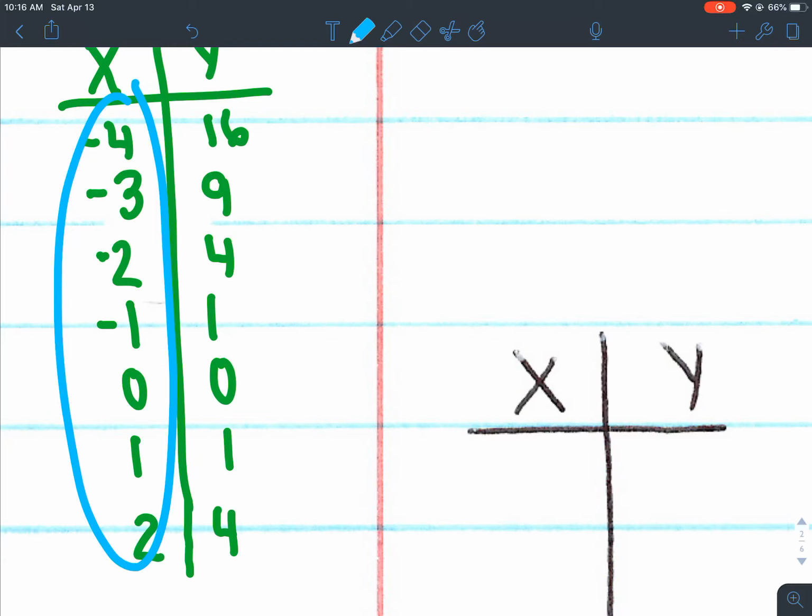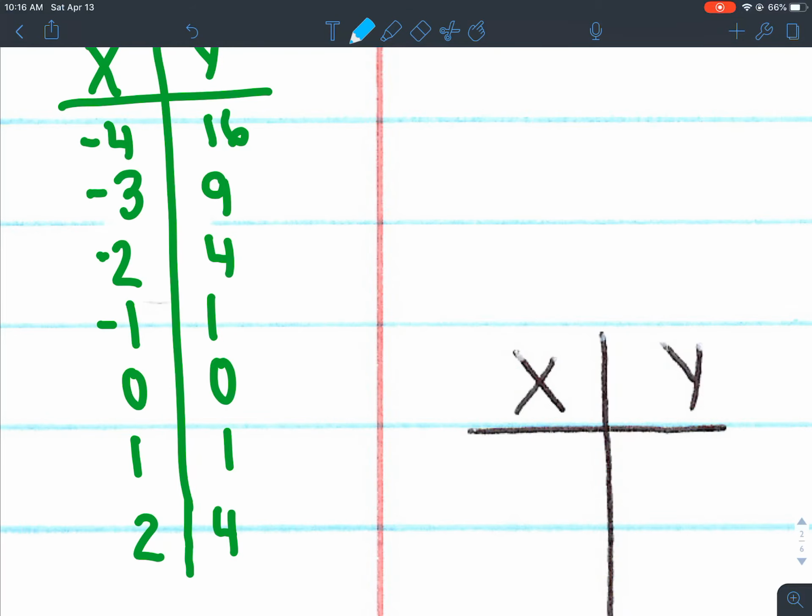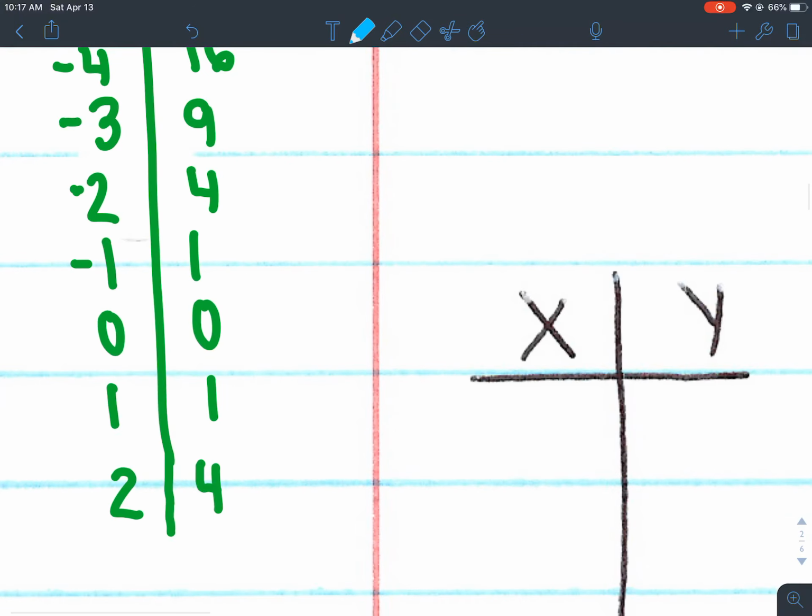So here, your x values are always going to go in increasing order, because it's the independent variable, so it's not going to change. You will always see those numbers on the left side. But on the right side, you're going to have different numbers because it's the dependent variable.